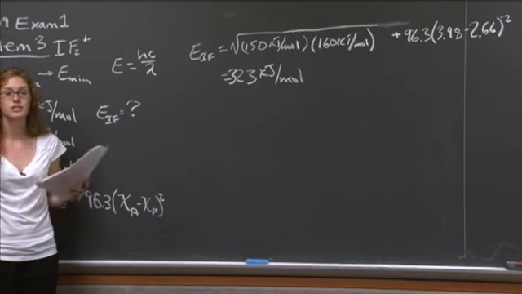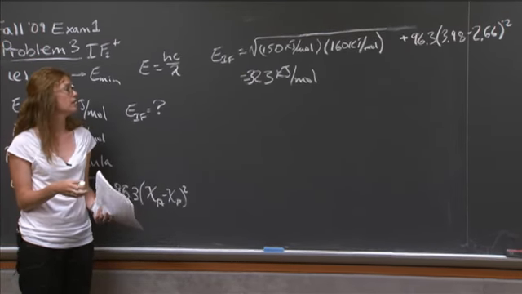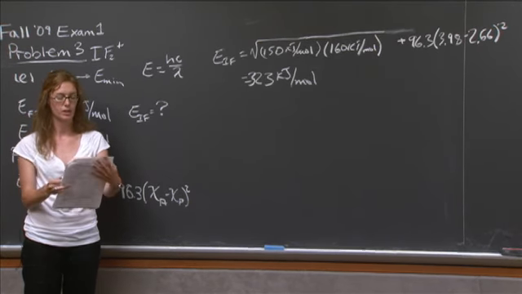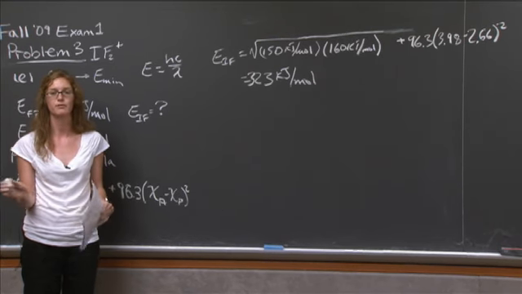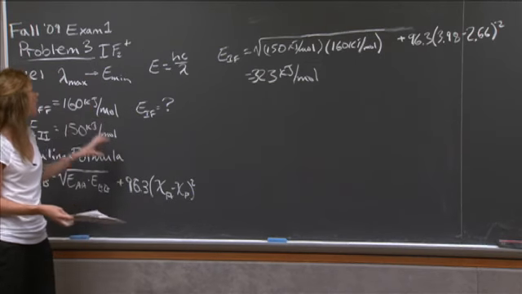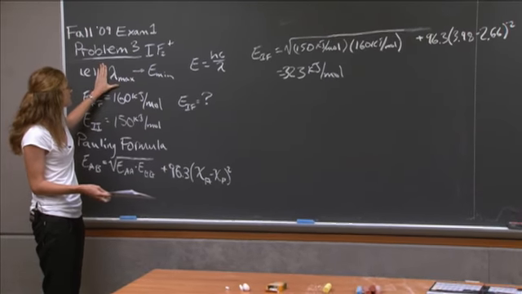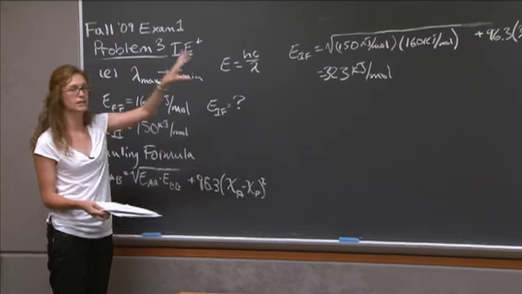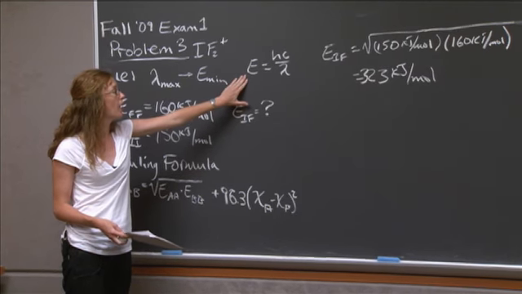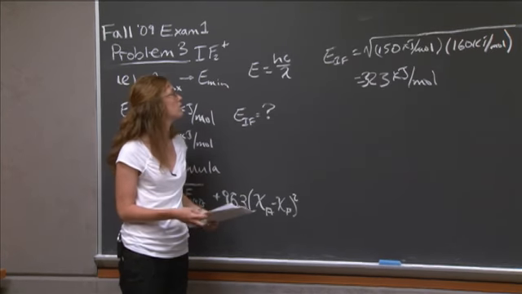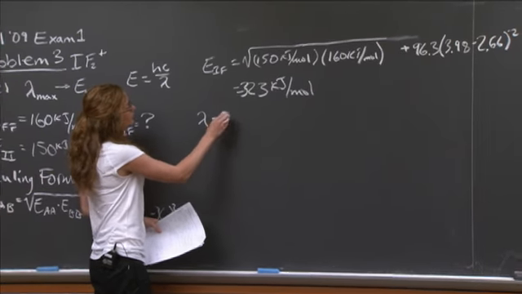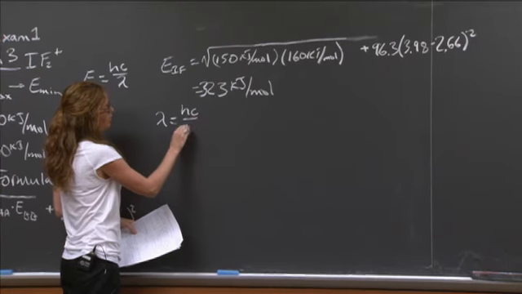Now that we found the energy of the IF bond, are we done with the problem? If you have an answer, you might be ready to move on to the next question. However, this isn't what the question is asking us, right? We are asked for the maximum wavelength that can break a bond of that energy. So we need to go back to our energy relation to our wavelength, and we know that the wavelength equals hc over the energy.